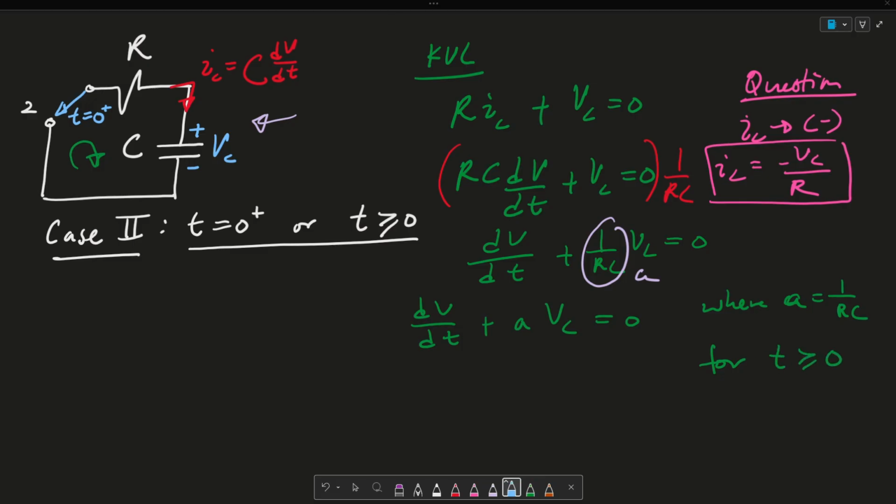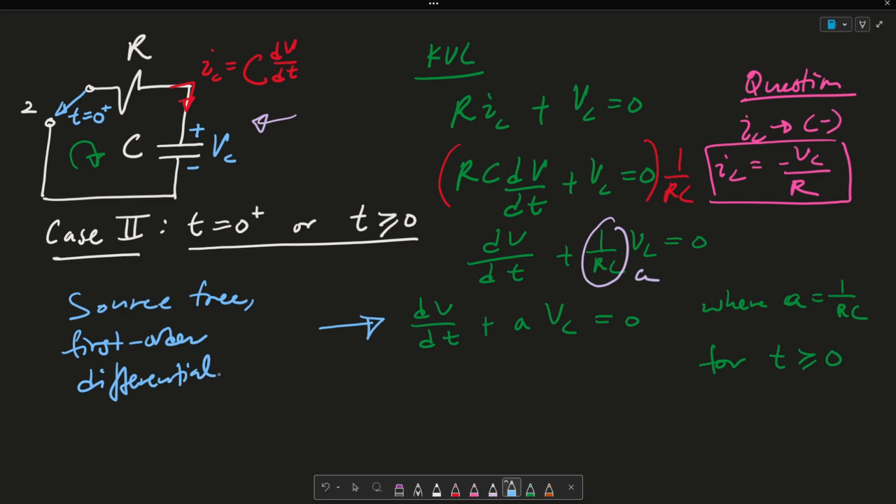An important thing I want to say here is that since this has no source, so Vs is gone, we call this a source-free first order differential equation. Again, this is very, very important.